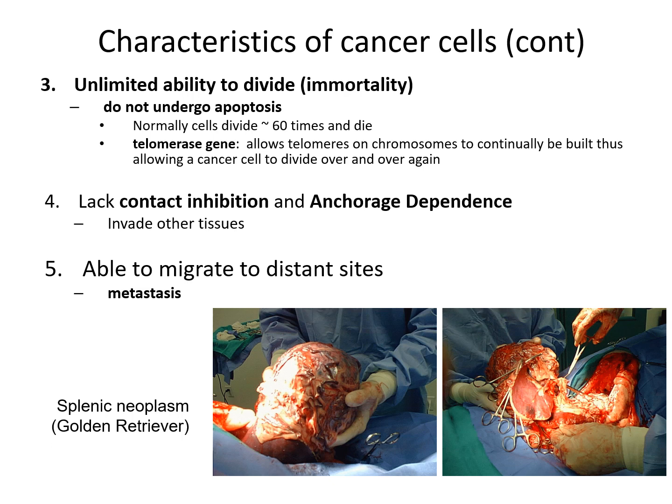So again, they lost their contact inhibition, they invade other tissues, and they can actually leave that organ and go somewhere else, which leads to number 5, because of the loss of the anchorage dependence, they can migrate and have metastasis.